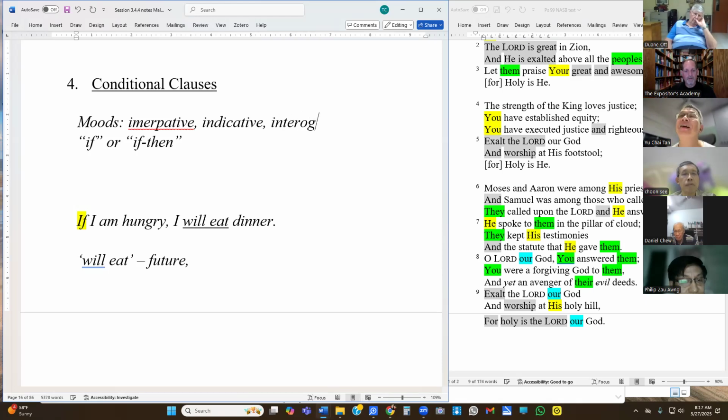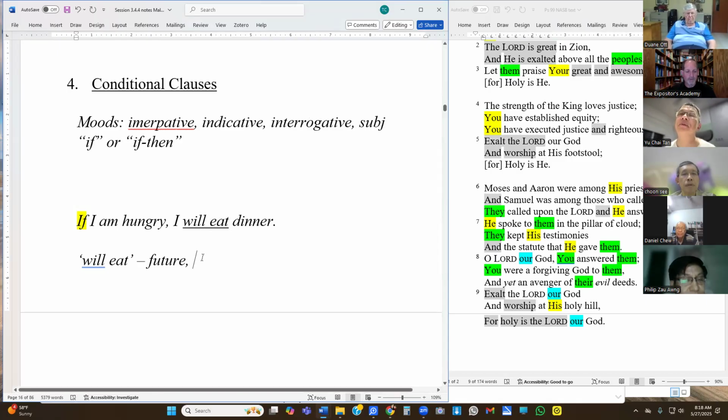Sorry. Yeah, it's indicative, because he's expressing a certainty here. There's no probability. So it's indicative. It's a statement. And then what's the voice? Active voice. Yeah.